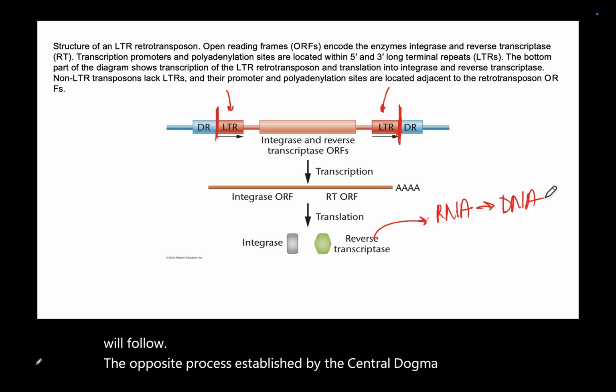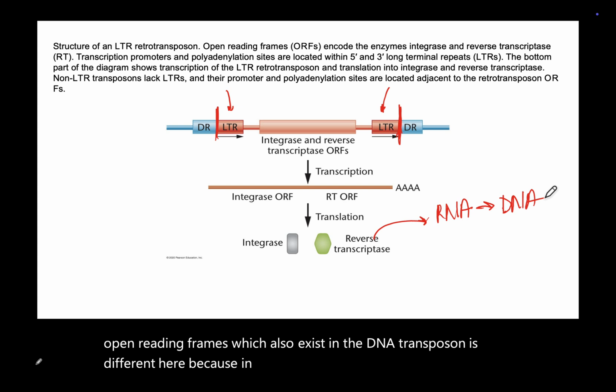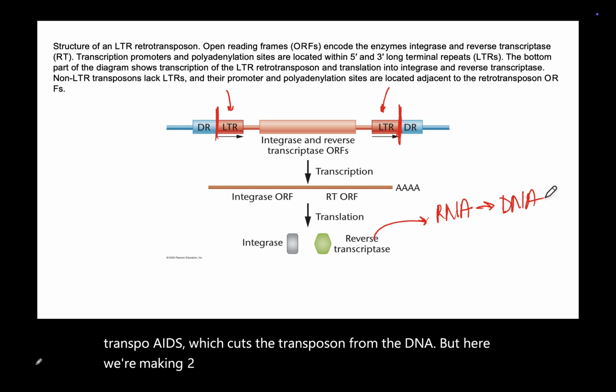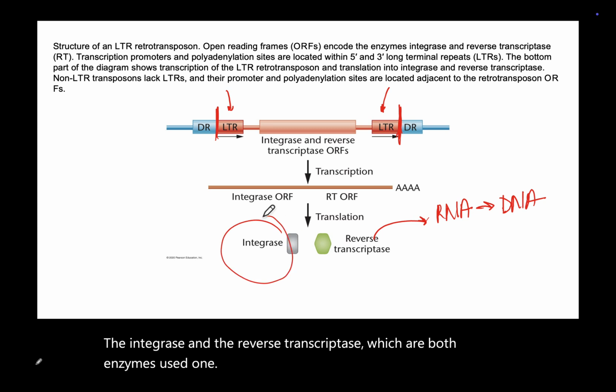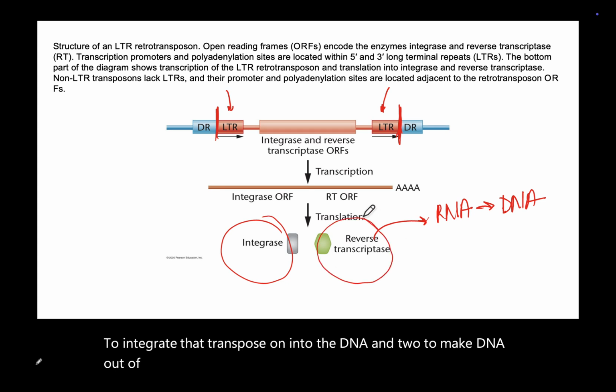Okay? So this open reading frames region, which also exists in the DNA transposon, is different here because in the DNA transposon, we were making the transposase, which cuts the transposon from the DNA. But here, we're making two things, the integrase and the reverse transcriptase, which are both enzymes used, one, to integrate that transposon into the DNA, and two, to make DNA out of RNA. Okay? That's the maximum that you should know about this.